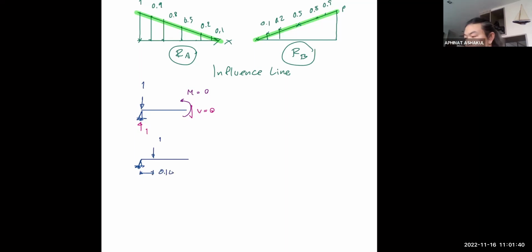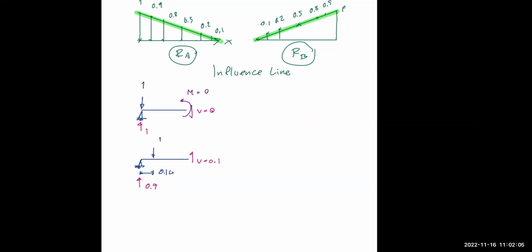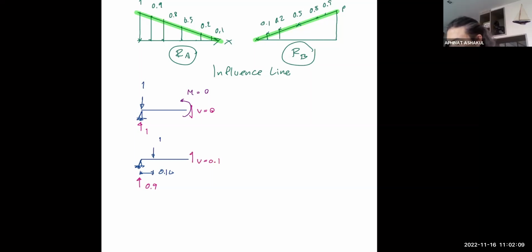The location here is 0.1 L. So now you know the reaction from our previous endeavor, that this is 0.9, right? So now, if it's 1, it's 0.9, it means that this is going up, equal to 0.1. Correct? The moment, it's kind of difficult, but let's do it.